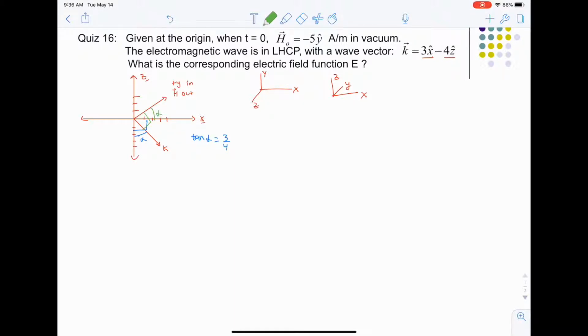This would be our alpha, so tangent of alpha would also be 3 over 4. So in order to satisfy this, it's pretty much the opposite of what we did for k. For k we did 3 along the x direction and 4 along the z direction, for E1 it's going to be 4 along the x direction and 3 along the z direction to satisfy this right here.